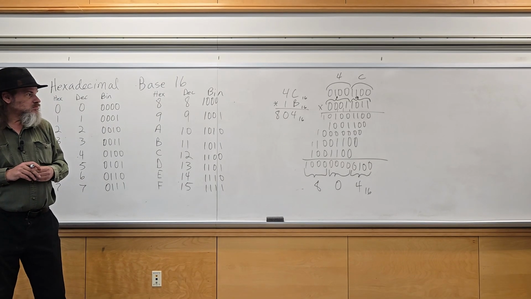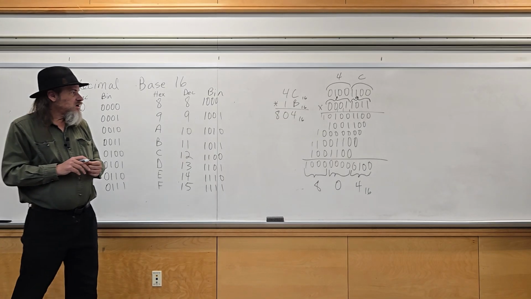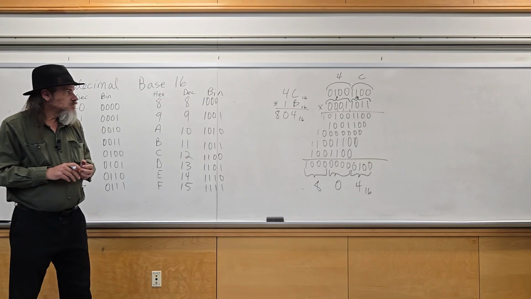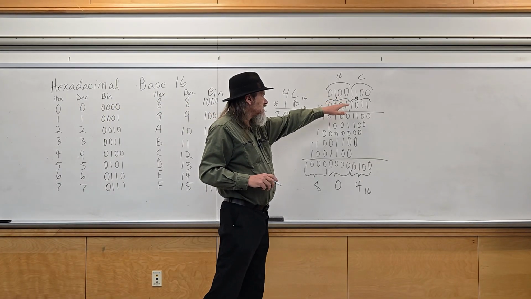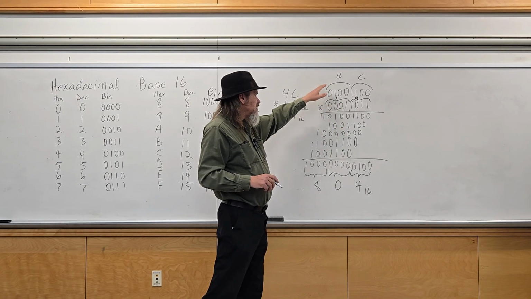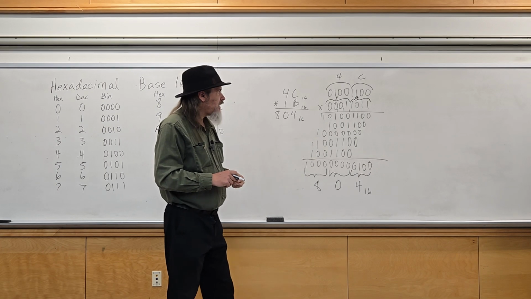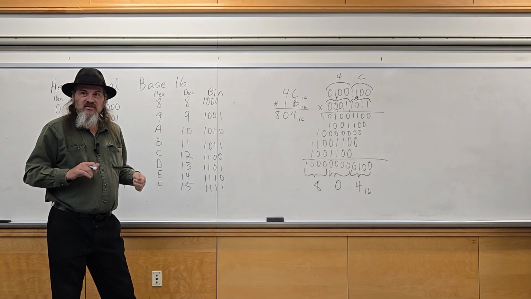So for doing the math, adding or multiplying, you would convert to binary first, do the math, and then convert back to hexadecimal.